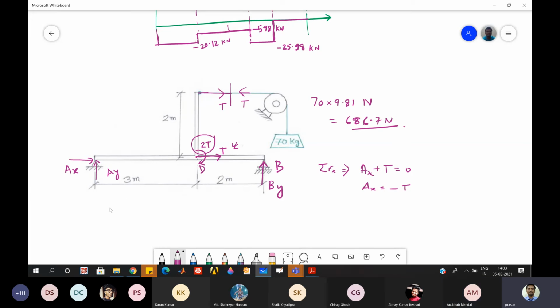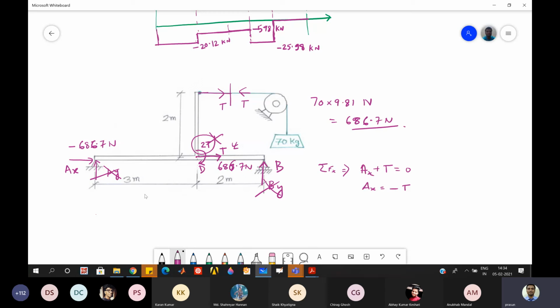So if I consider the axial force only, you just remove all this now, you don't need it. So here this is minus 686.7 Newton, and this is 686.7 Newton.